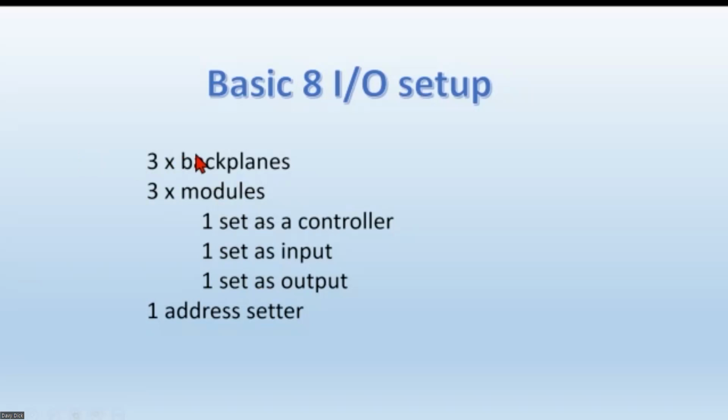So you wire the 3 backplanes together and you plug in your 3 modules, but you have to set the addresses, because the input initially would be input 1, output 1. Add your second set, that would be input 2, output 2. So you require 6, 7 different pieces of equipment to set up a basic 8 I/O.